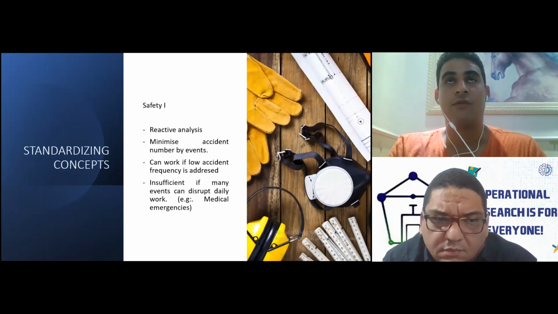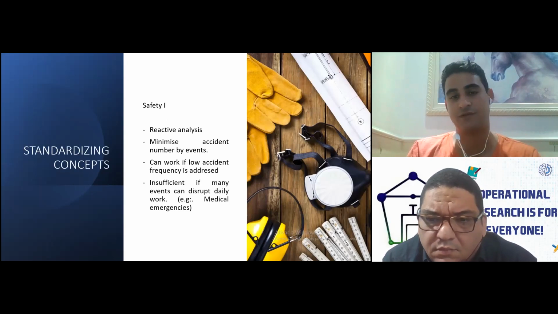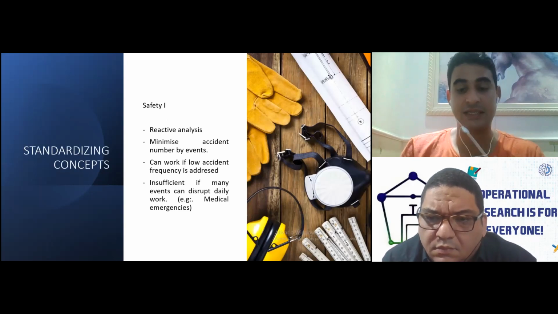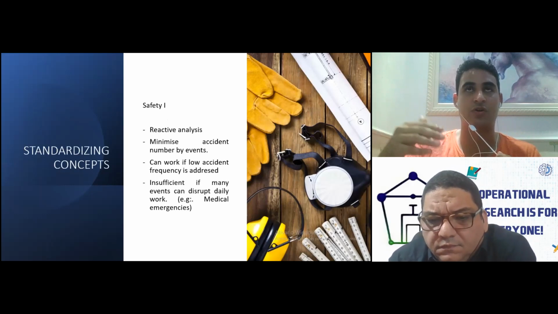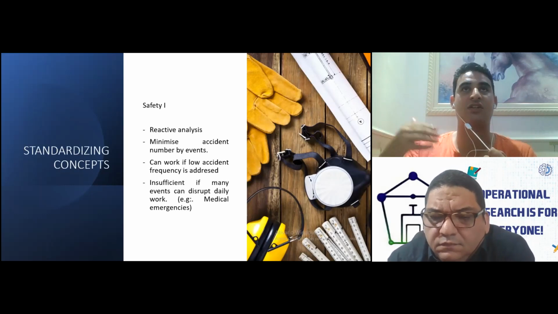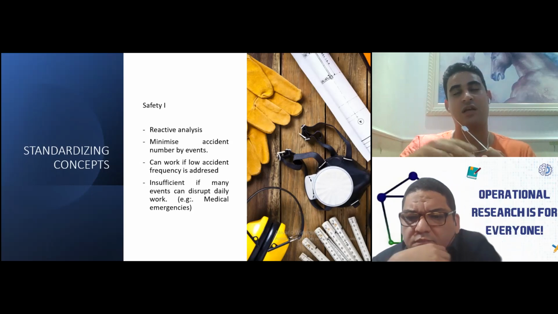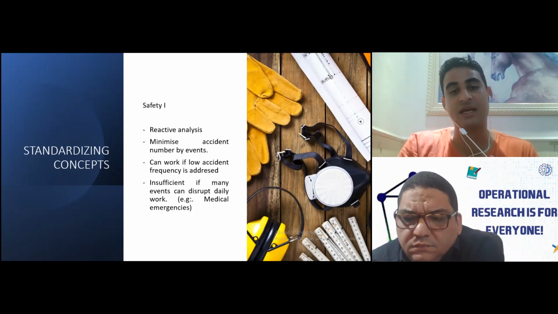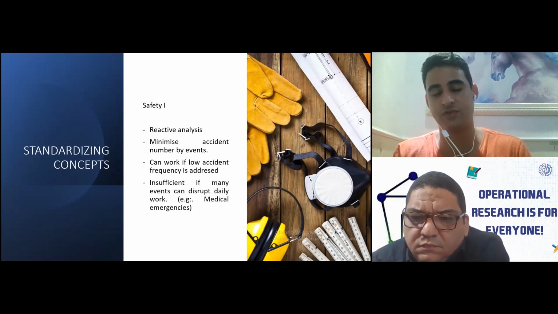First, I'd like to standardize some concepts. The FRAM methodology comes from a safety perspective, from a safety point of view. So we've got this safety evaluation. The safety concept started to evolve from the 1950s and is ongoing. First, I'd like to present the concept of Safety 1, which is important for us to understand.